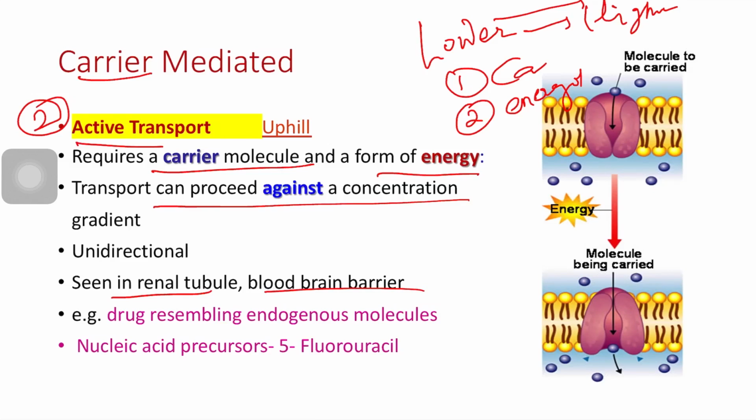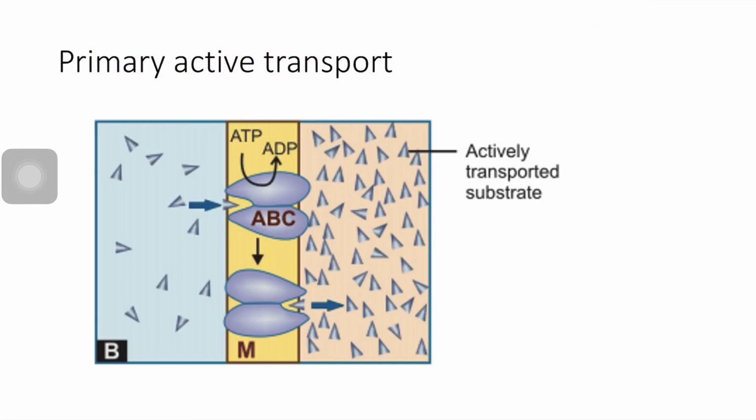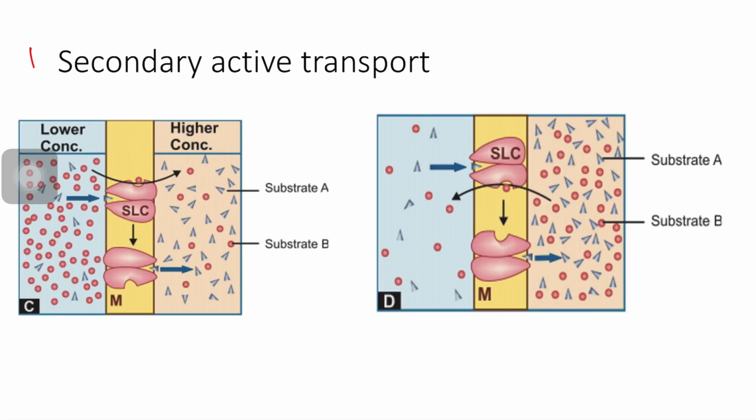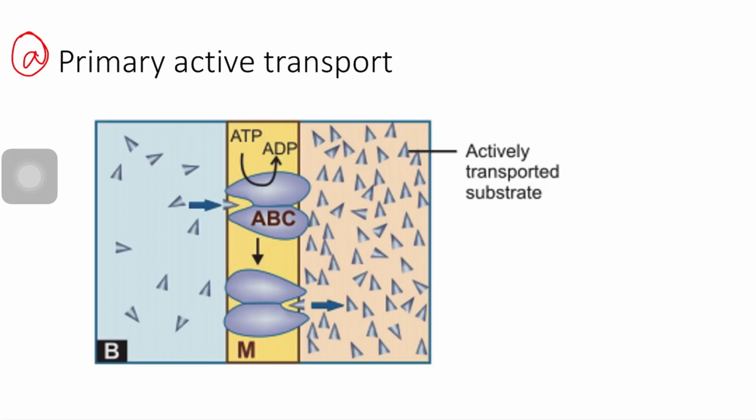This active transport is primarily divided into two portions: A, primary active transport, and B, secondary active transport. Now let's see what primary active transport is. Here, the drug, this triangular shaped molecule, goes from lower concentration to higher concentration with the help of a carrier.